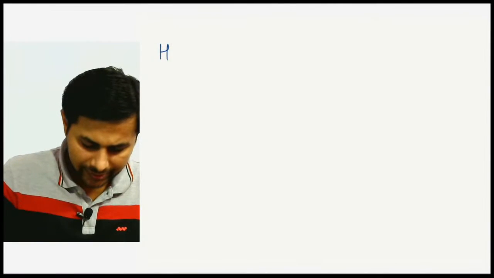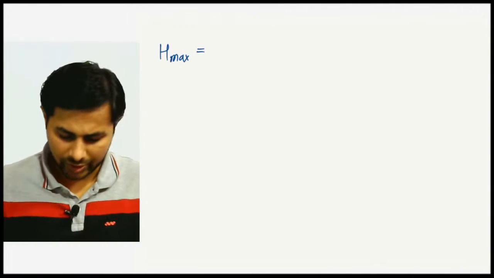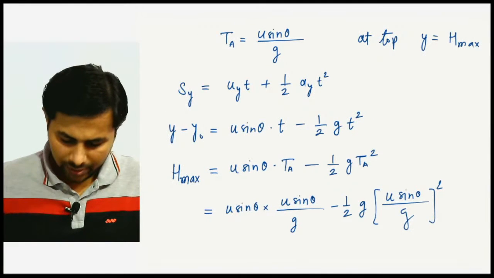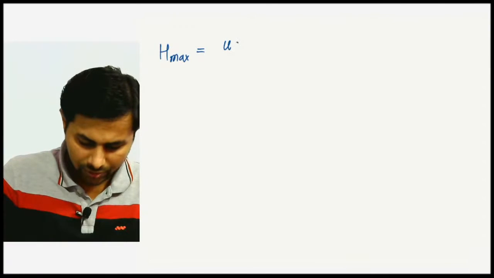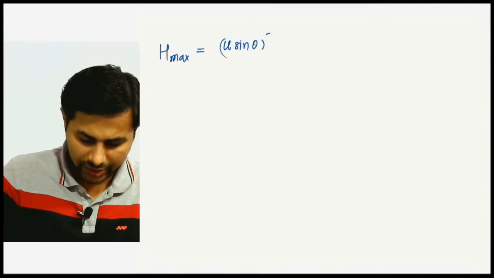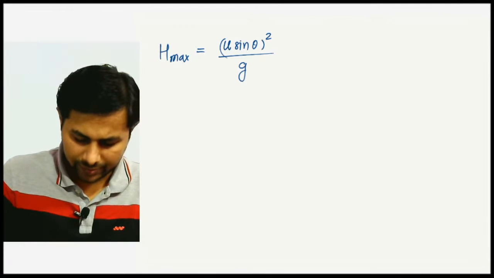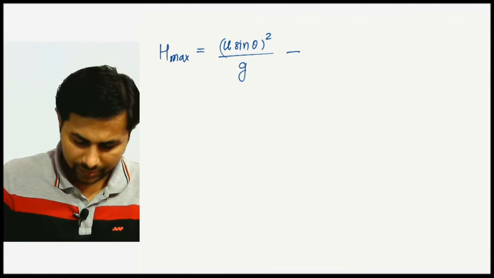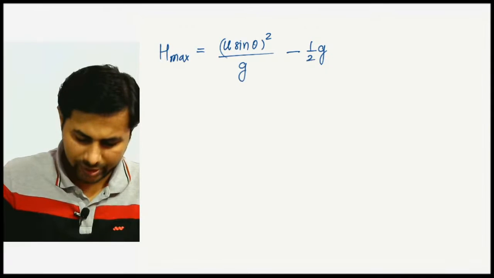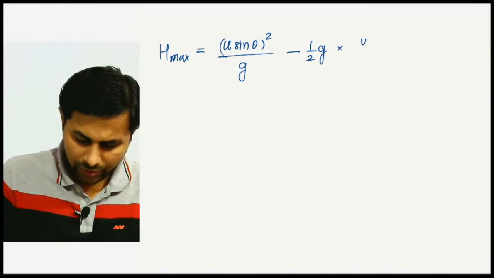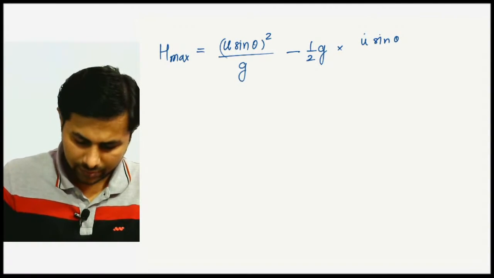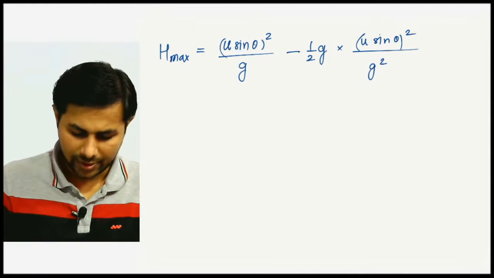We have h max equals u sine theta multiplied by u sine theta, which is u sine theta squared over g, minus half of g multiplied by u sine theta squared divided by g squared.